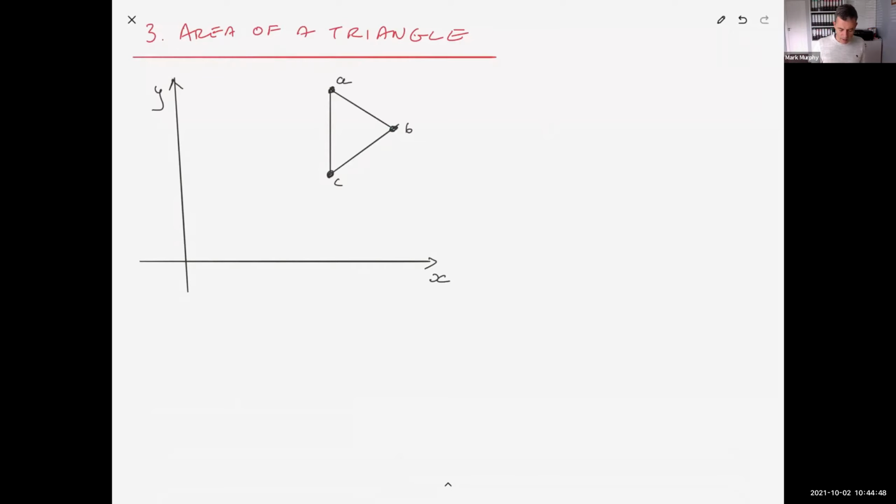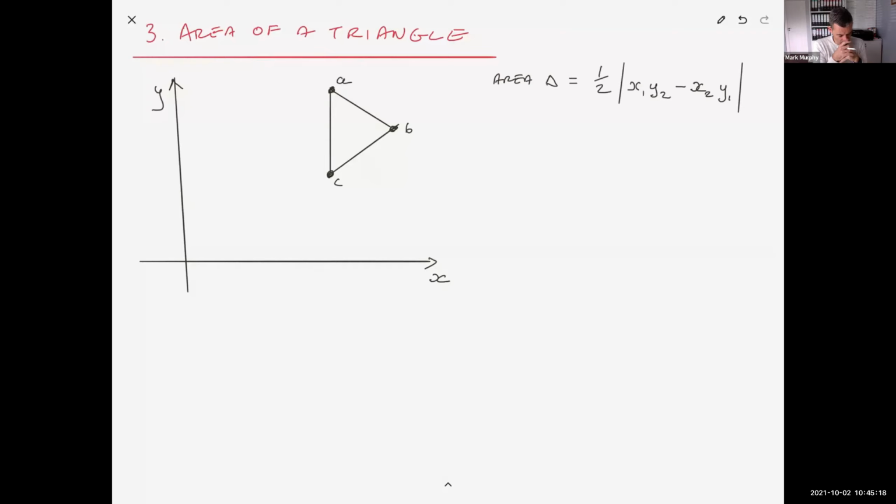And the formula for the area of a triangle, I can write it down. So the area of a triangle is equal to a half times x1, y2 minus x2, y1. The problem with this is it only gives 2 vertices, isn't it? x1, y1, and x2, y2. But we have 3 points.